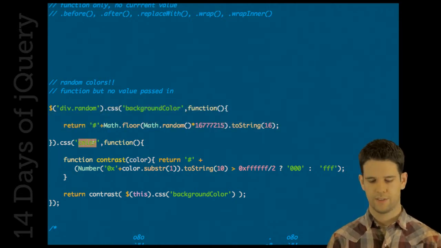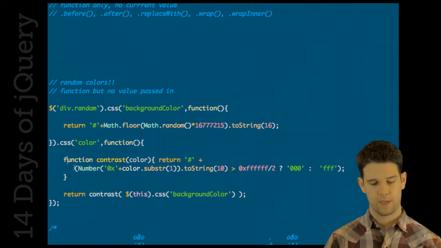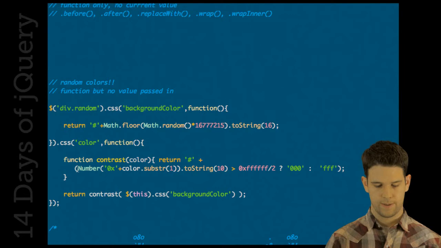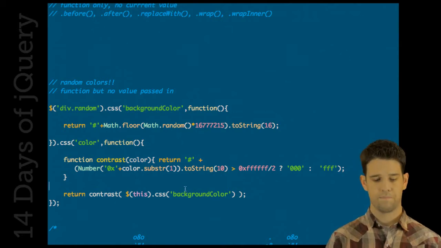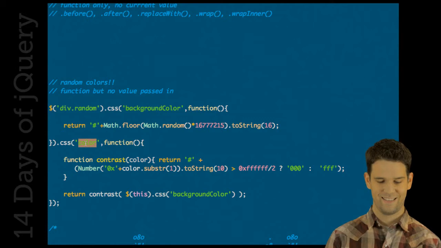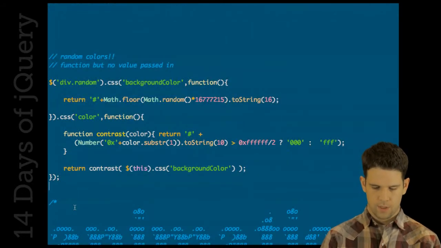This little snippet basically determines if it's going to be black or white, whatever is going to be more readable on top of that random background. So we just grab the current background color, get the contrast, return that value, and it gets set as the text color. So I'm sure that's useful, but this is some of the new stuff that you're able to do with this API.